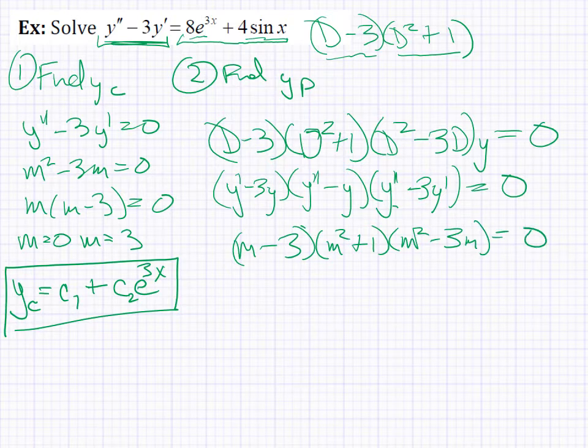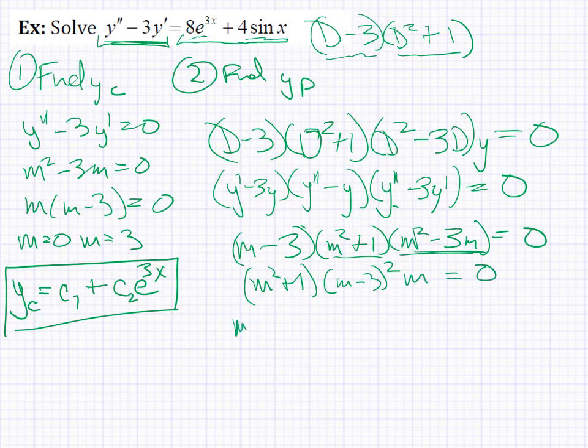In which case, if we factor it all out, we have m squared plus 1. We have the m minus 3, but remember this has another m minus 3, so we actually get m minus 3 squared, and then we have an m. And so what do we get here? We're going to get m equals plus or minus i out of the m squared plus 1. We get m equals 3, but that's repeated twice, and then we get m equals 0.